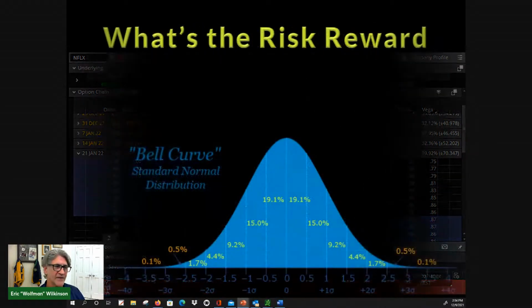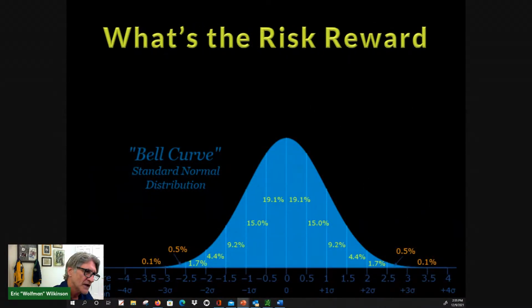So when we're talking about that in terms of bell curves, this is zero right in here. That's the start. If you're looking at this line here, this is basically a 50 delta, all right? So when you're looking at this bell curve, you might be thinking about it as percentages, but just know that delta is data. It gives us all kinds of information.